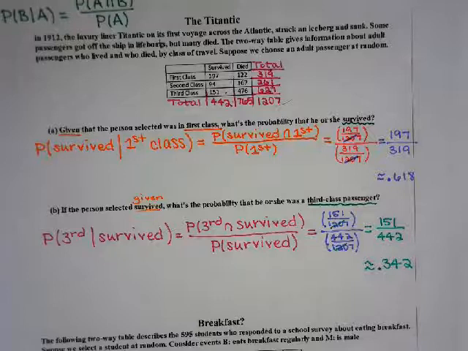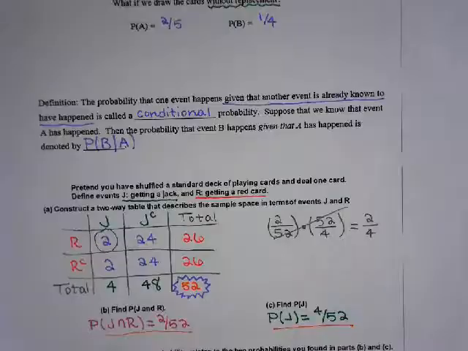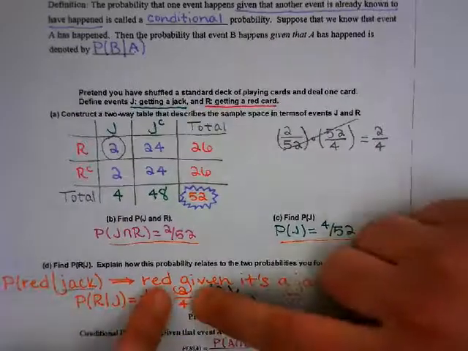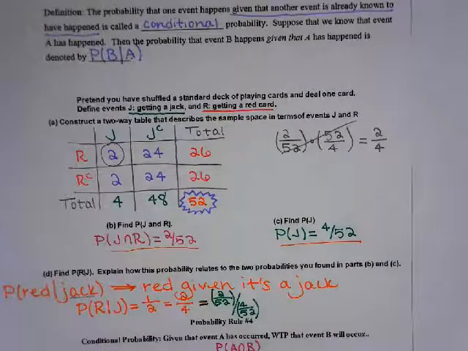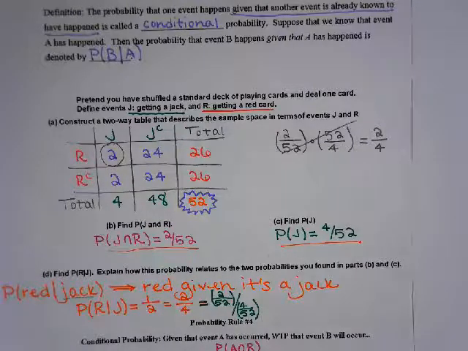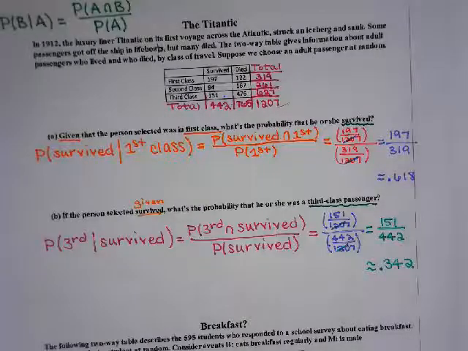Something like on the previous one where you get 2 out of 4 and an exact decimal 0.5, you don't have to put the about, but if you're rounding your decimal, yeah, you should put about. Any other questions before we move on to breakfast?